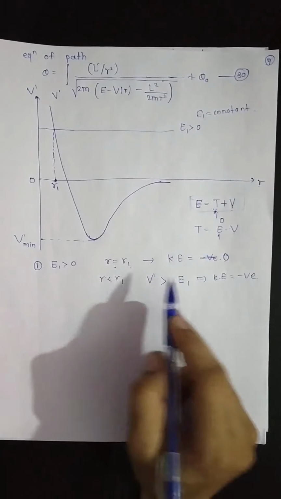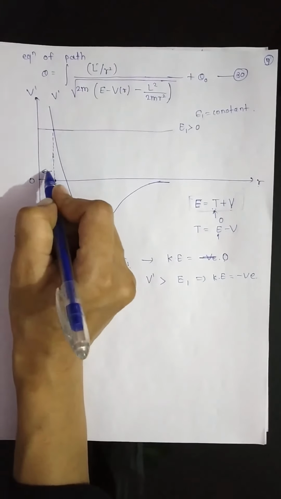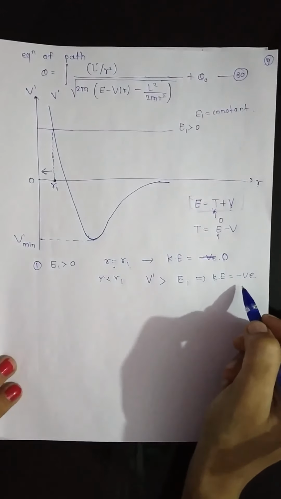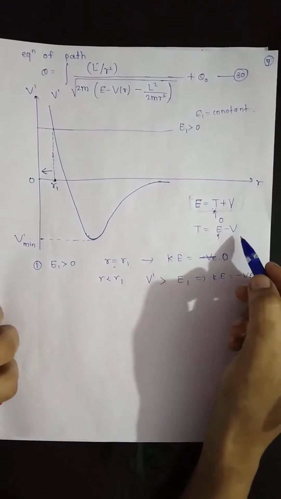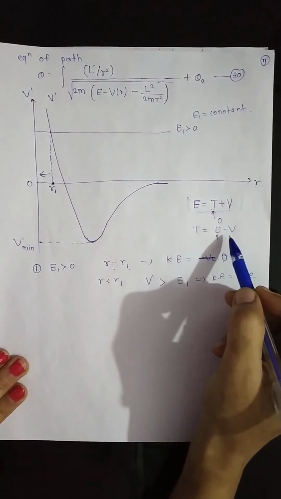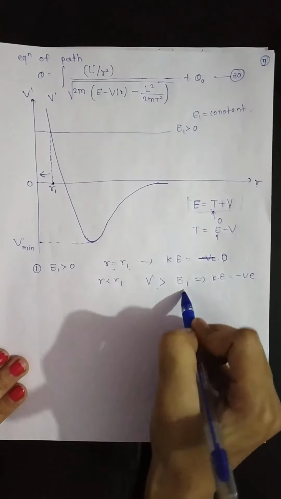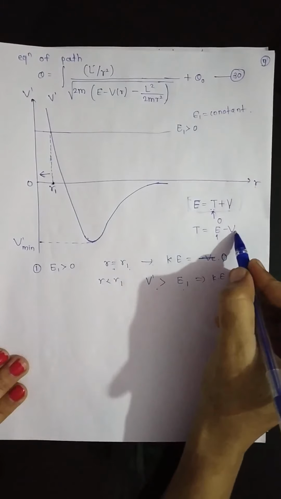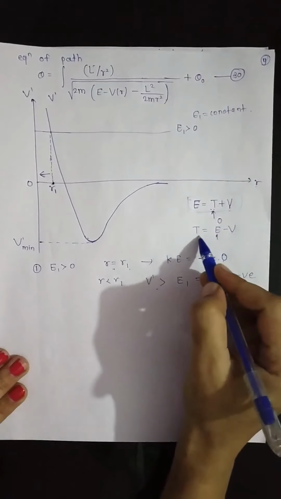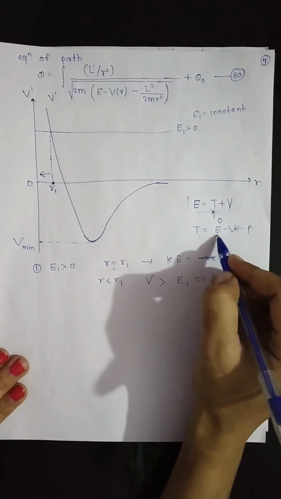And in the second case, for r less than r1, means for this region in which r is less than r1, kinetic energy will be negative. Again, the reason is the same, that it must satisfy this equation. Since V dash is greater than E, that is potential is greater than E, our kinetic energy will become negative because we are subtracting a larger term from a smaller term.